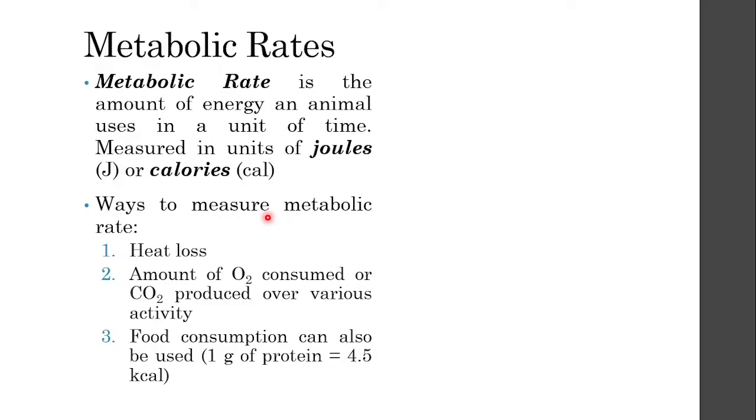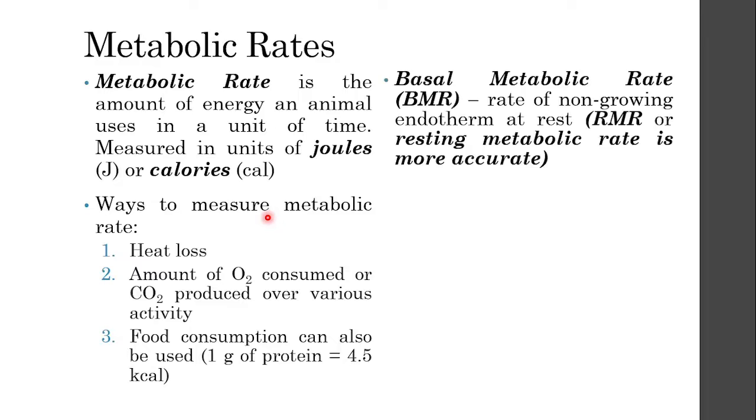And then there's something that we call the minimal metabolic rate. Minimal metabolic rate is basically the smallest amount of energy that we need in order for us to survive. It depends on whether you're an endotherm or an ectotherm; as humans, we are endotherms.